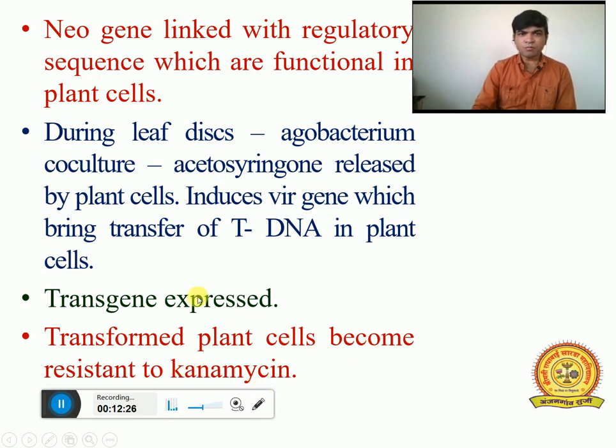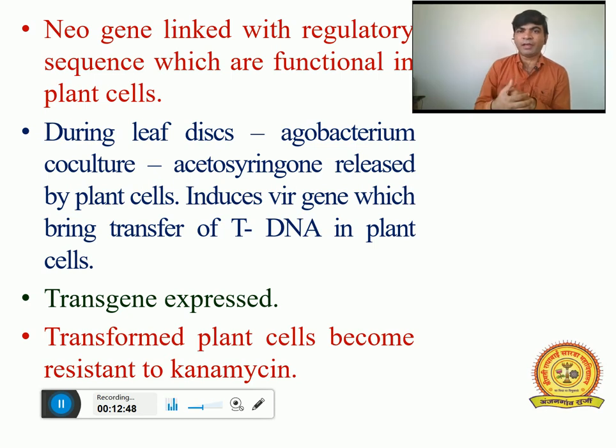Here the most important thing: whenever there is a co-culture of Agrobacterium along with the plant cell, acetosyringone is released by the plant cell and induces the VIR region. We know that the VIR region contains a number of genes that perform various functions.